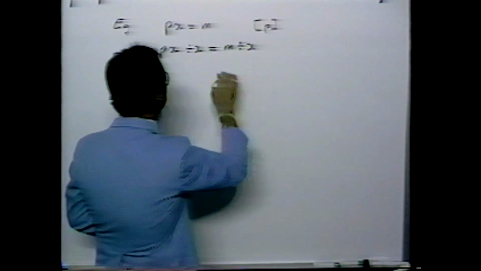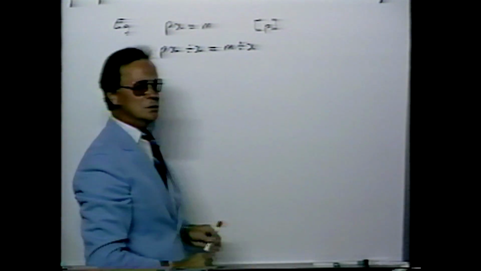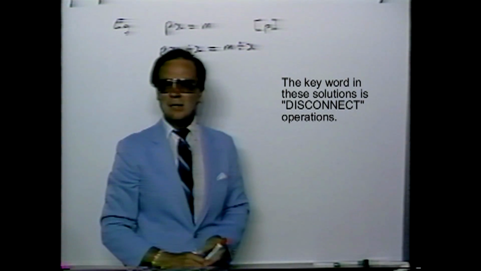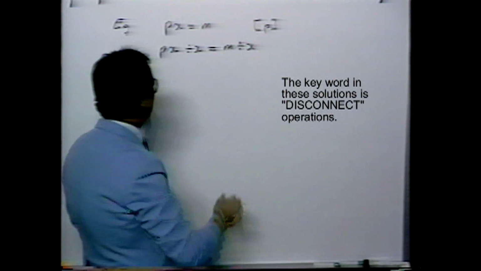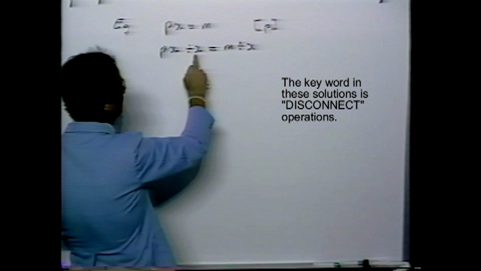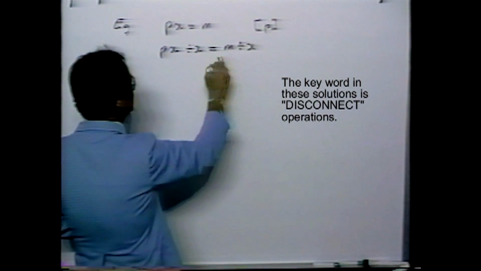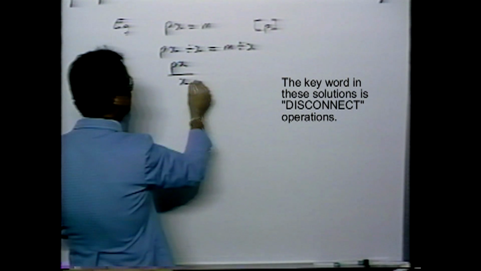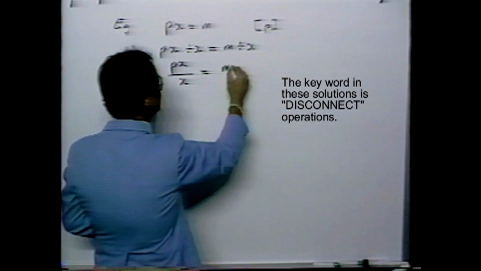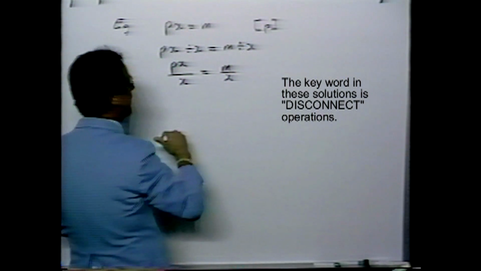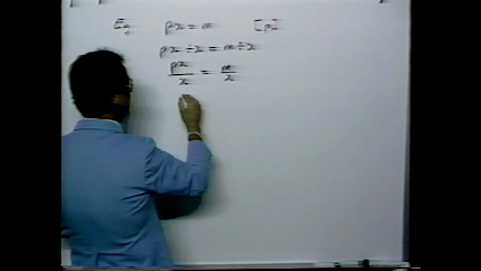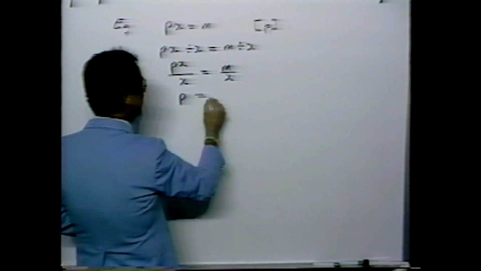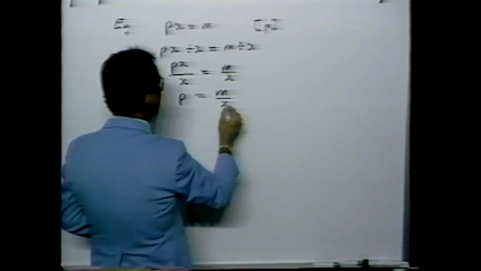Notice that whatever you do to one side of the equal sign, you will have to do to the other. Now, you can either write it as a division problem like you see it, or this is exactly the same, leaving p on the left and m over x on the right.